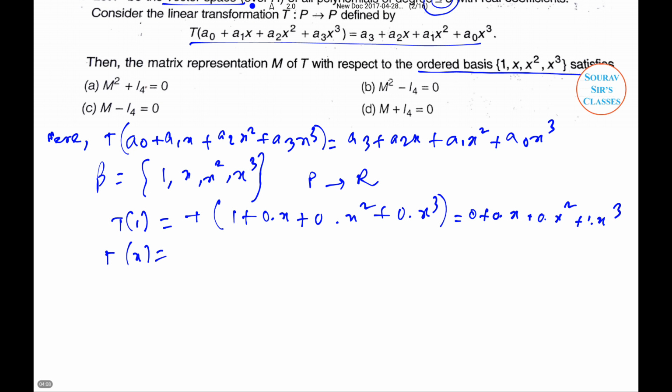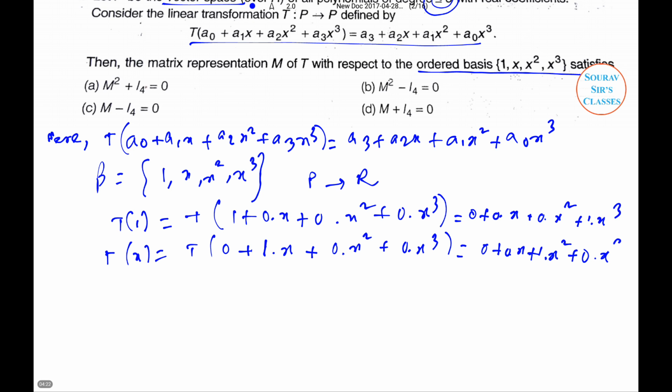Similarly T of x will be T of 0 plus 1 dot x plus 0 into x square plus 0 into x cube. So T of x will be 0, then 0x, 1x square and 0x cube. Now in the third part of this question, that is T of x square, we can proceed in the same way.